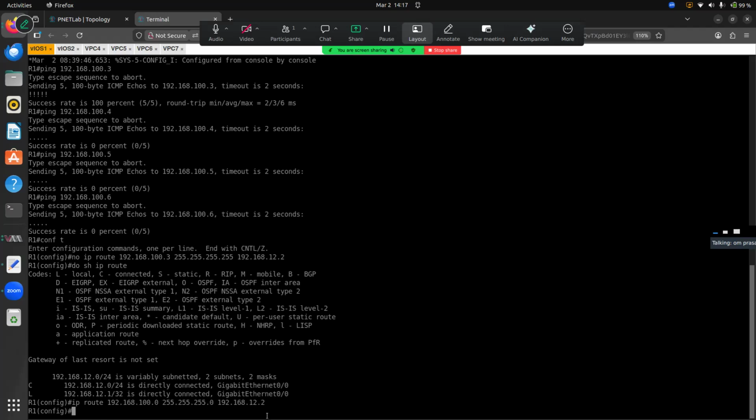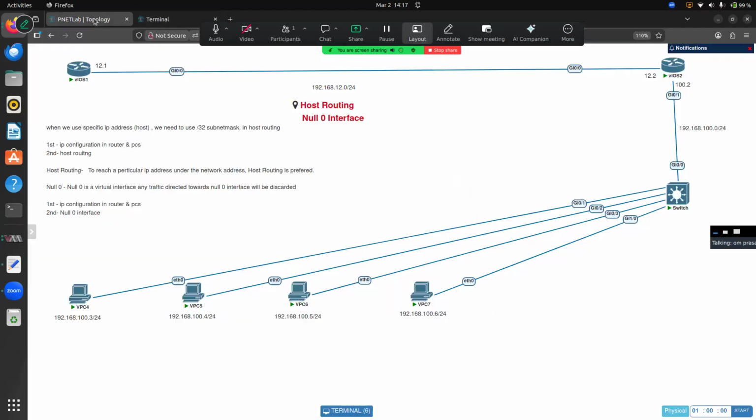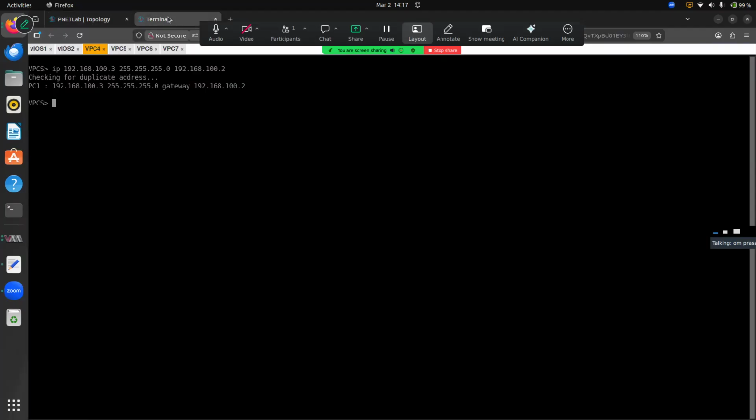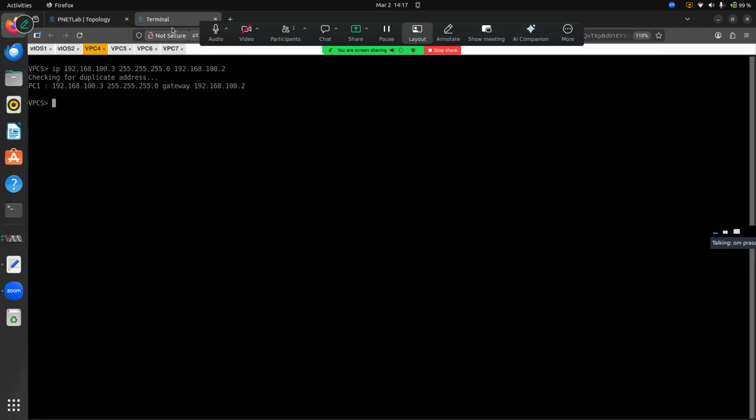I already configured it for the destination. But I want null zero interface. I'll configure it for PC4, for this interface. And after that, whatever packet comes towards that interface will be discarded. Okay. I'll verify also using the command.